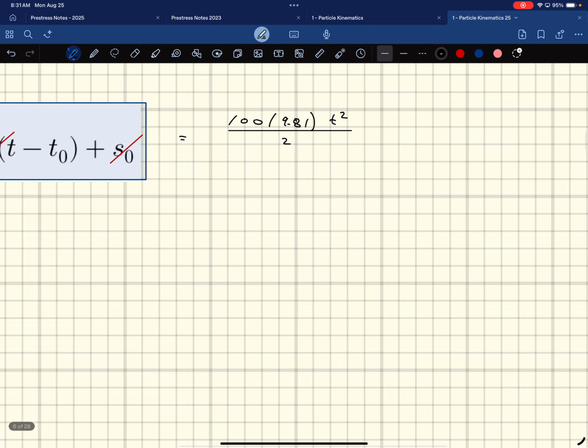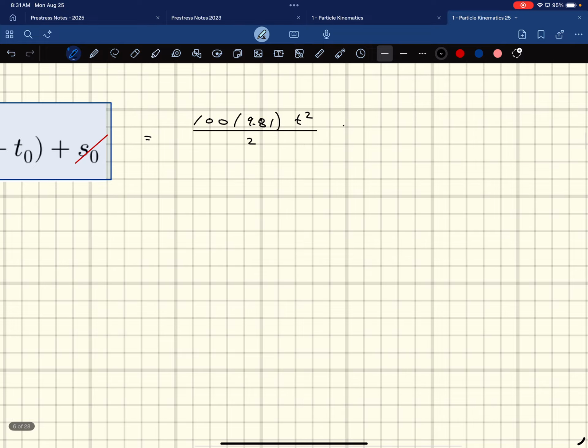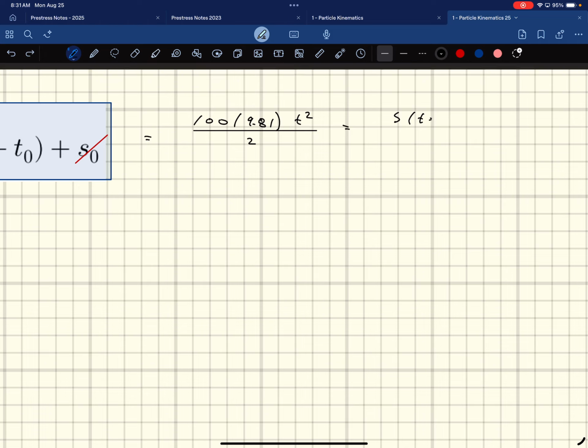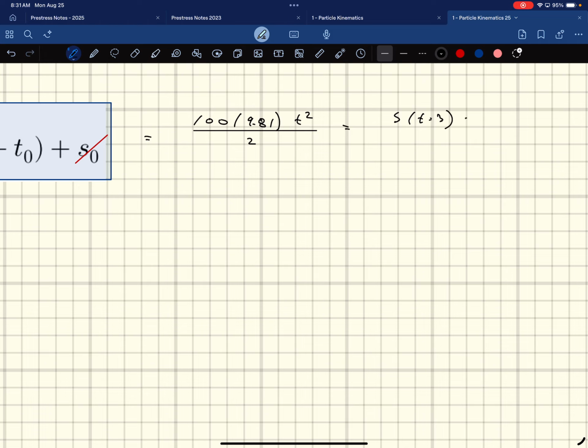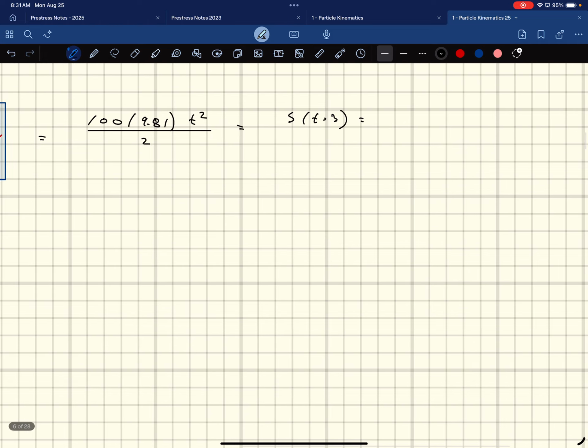So that is what my S is as a function of time, right? And what I want is S of T equal to 3 seconds. I want how far it went in that first 3 seconds. I just put in a 3 for my T up there, and I'll get 4,414.5 meters.